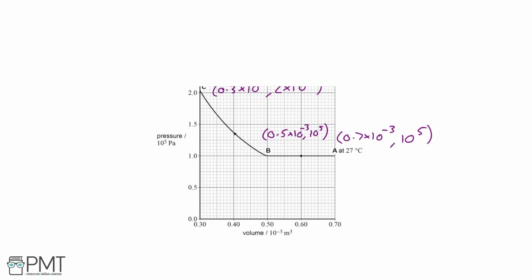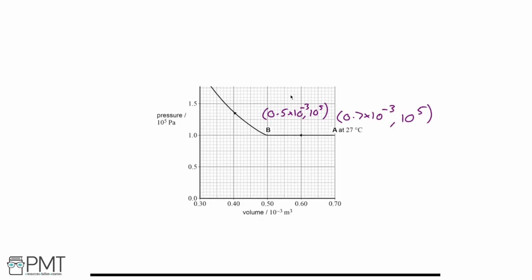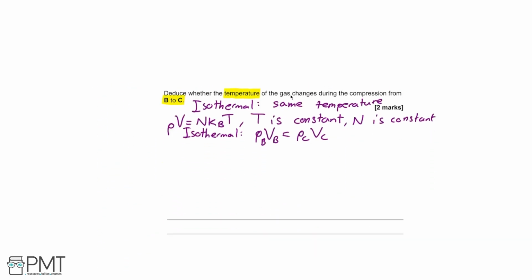The pressure at C is 2.05 times 10 to the 5. So if you look carefully, it's 2.05 times 10 to the 5 pascals is the pressure at C. So then we can calculate PB times VB and PC times VC.